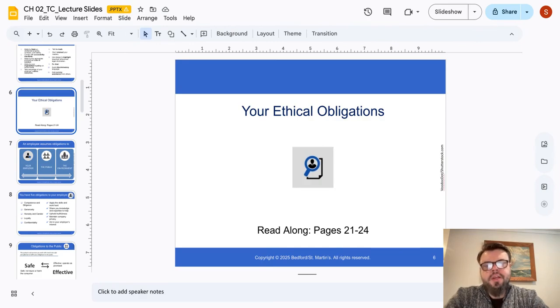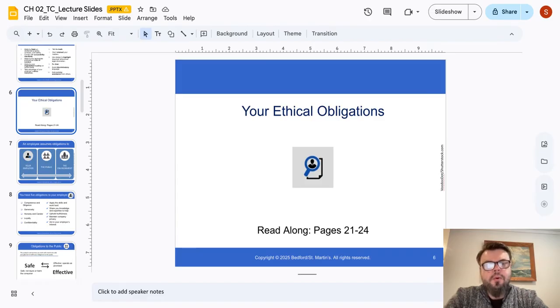The chapter organizes ethical responsibility into 3 categories: obligations to your employer, obligations to the public, and obligations to the environment. This framework is useful because ethical tensions often arise between these groups.